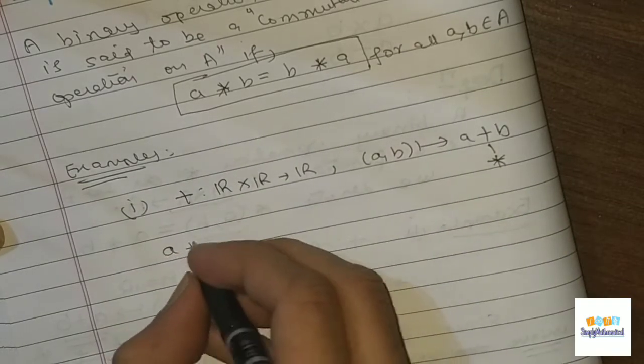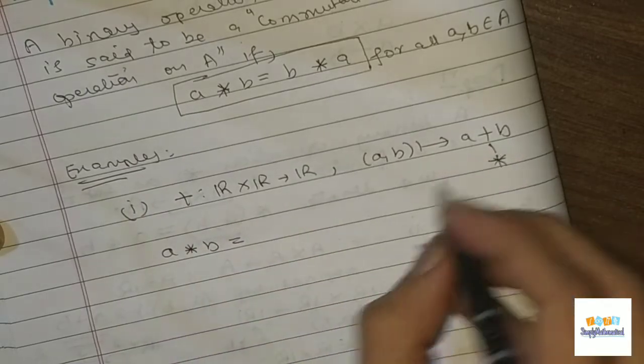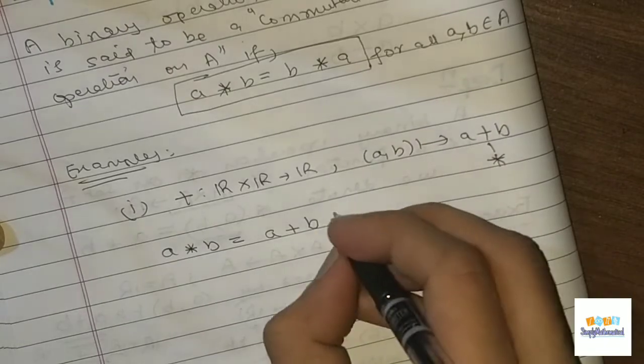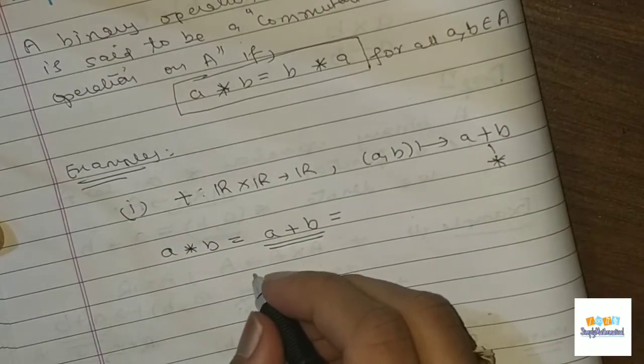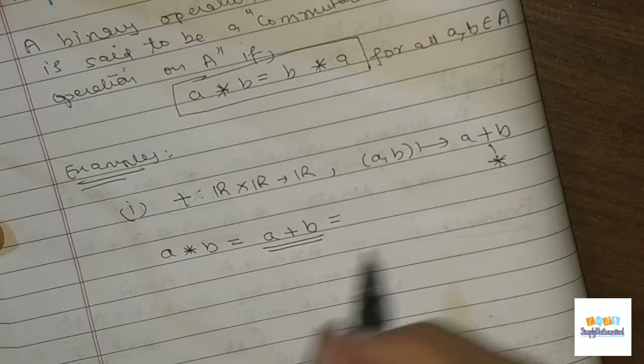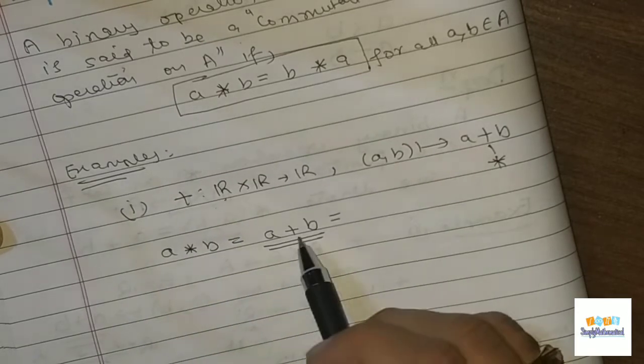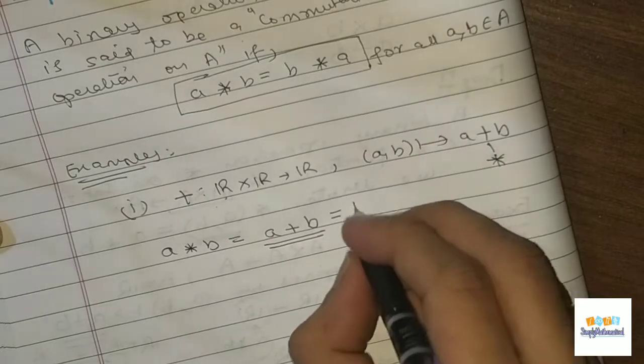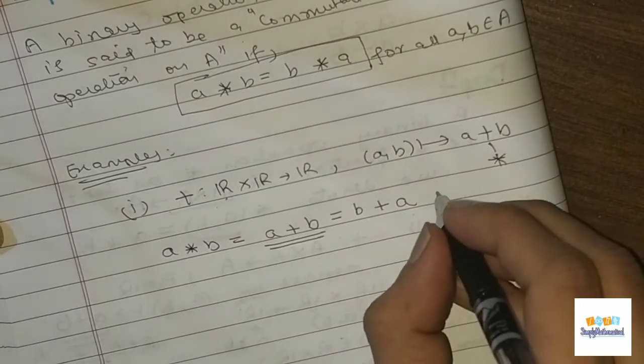So you look at A star B. What is A star B? It is A plus B, right? Now you know that two elements can be added in any order in real numbers, right? So A plus B will be equal to B plus A here.